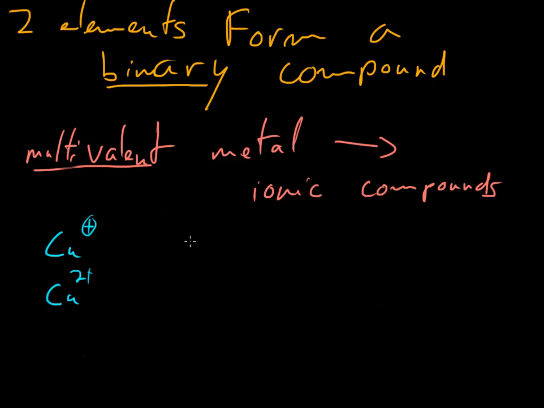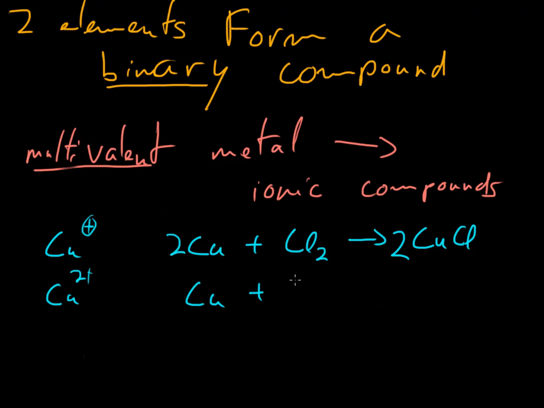If I take copper reacting with chlorine, I'll have copper 1 chloride. And in this case, copper plus chlorine will now create copper 2 chloride.